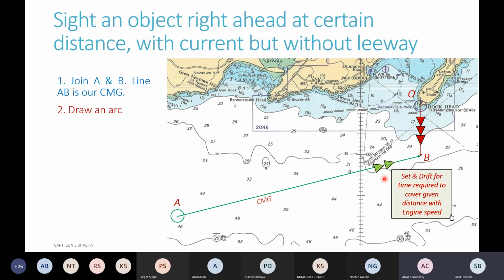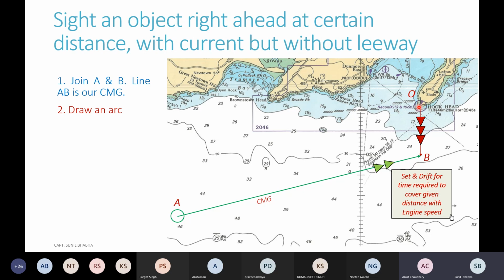Now in the next step, we have to draw an arc. So pick up your compass and open up your compass equal to the distance at which this object should be right ahead of us. Keep your compass centered at the lighthouse, in this case, the Hookhead lighthouse.